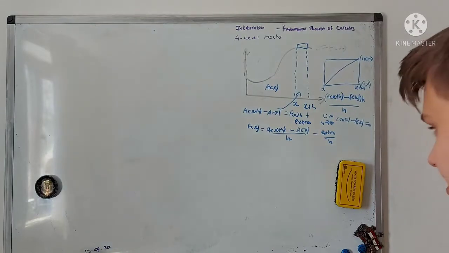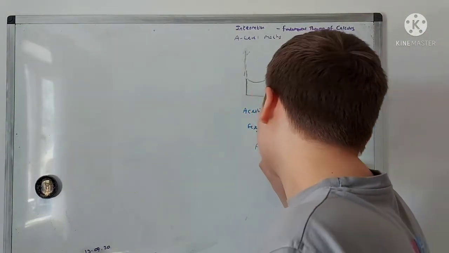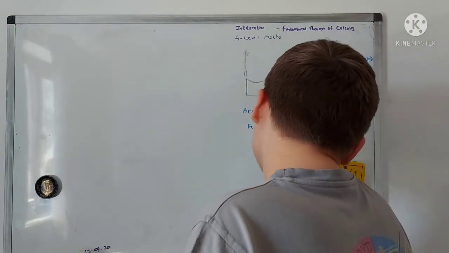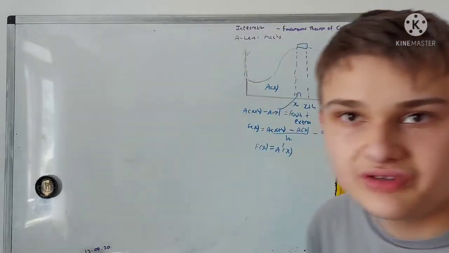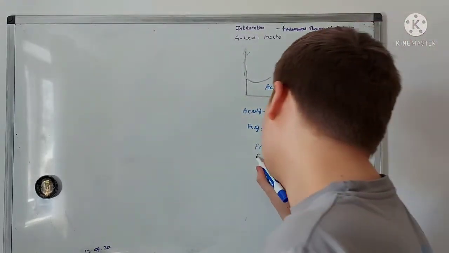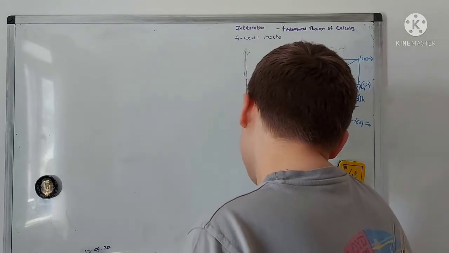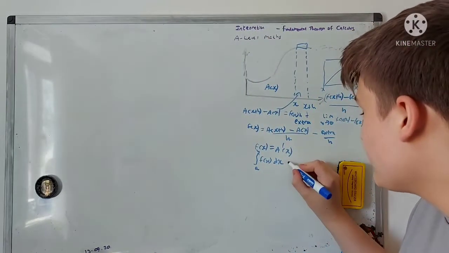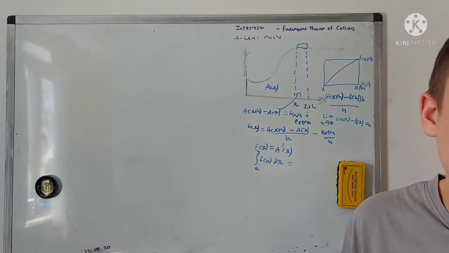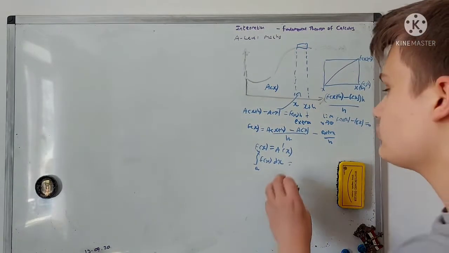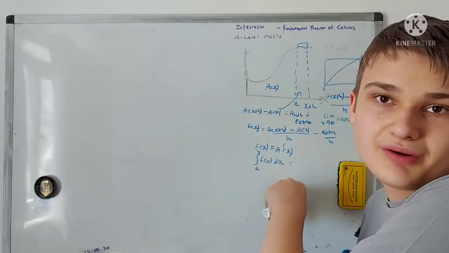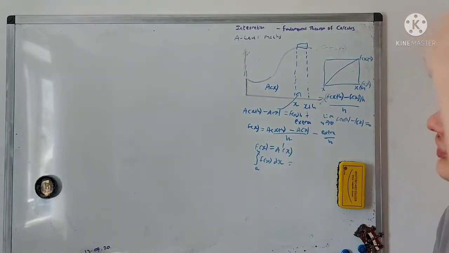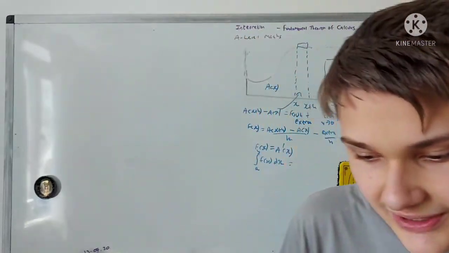The other bit we had, if I said that f of x was A prime of x, its derivative, then my integral from a to b of f of x with respect to x will be equal to the area in itself, right? So that's where this integral sign always comes from. The integral sign is coming from summations, from summing up all these values. That's what integration really is.